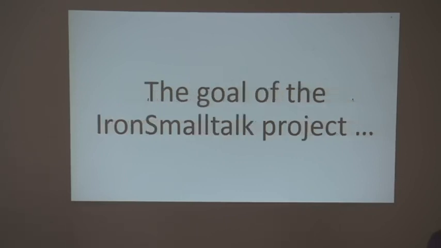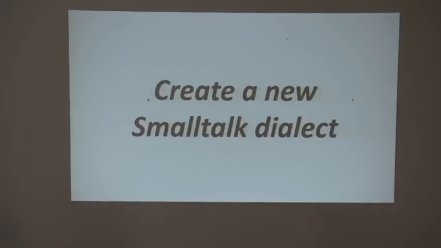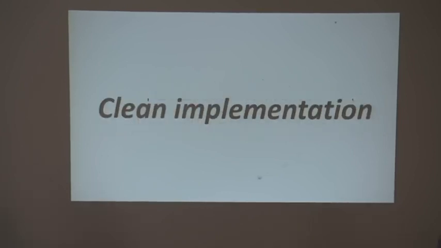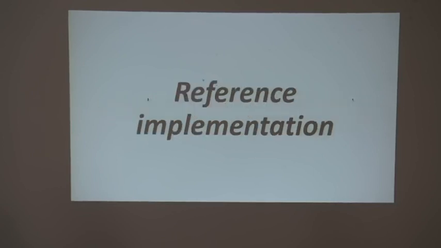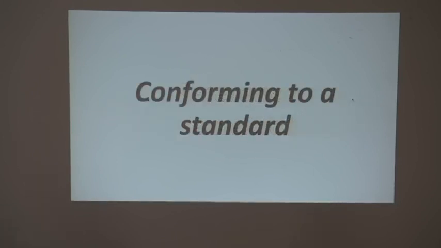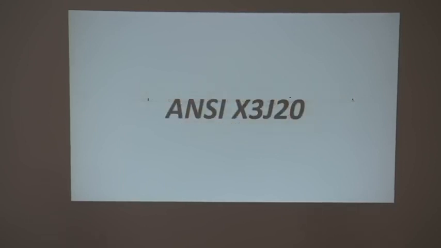So the goal of the Iron Smalltalk project is to create a new Smalltalk dialect. We want a clean reference implementation, which means something that conforms to the Smalltalk standard, and in this case, it's the NCITS J20 standard.